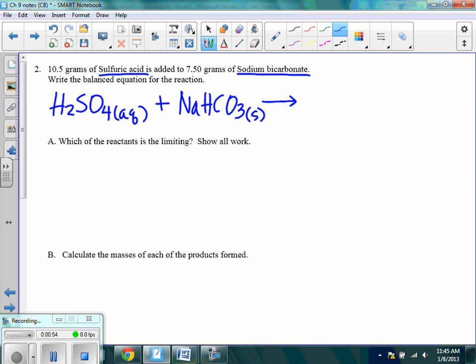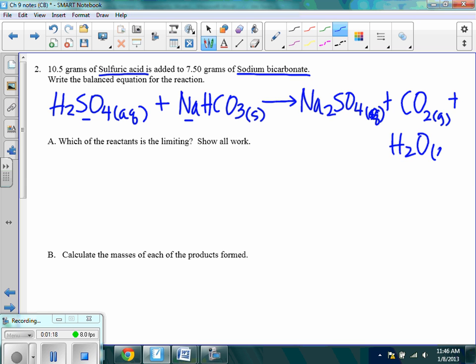My 3 products come from the sodium with the root of the acid, so it's going to be sodium sulfate, and I look up and sulfates are solids. Actually, it's aqueous because it's an exception, plus carbon dioxide, which is a gas, and water, which we know is going to be a liquid.